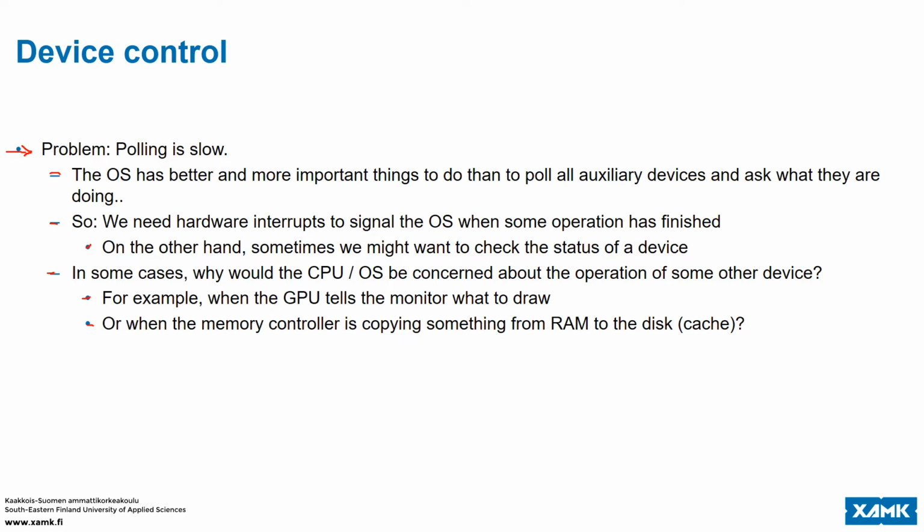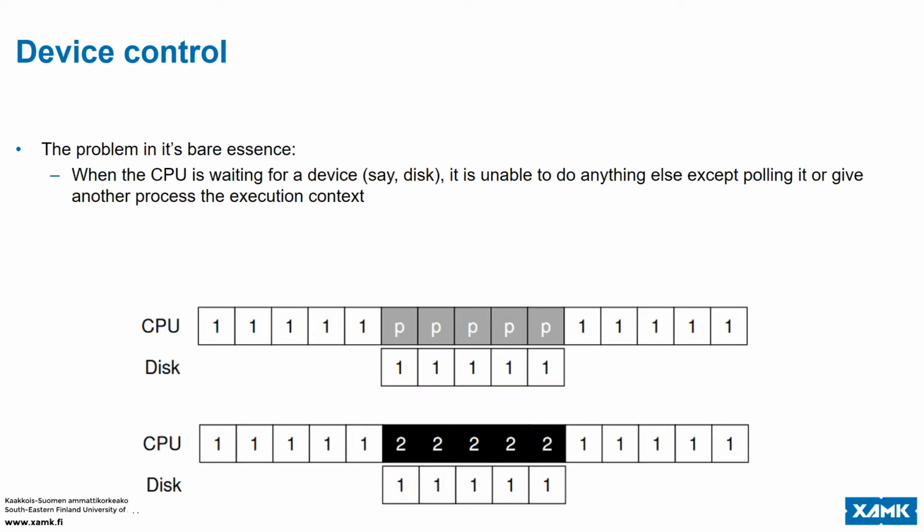So for example, in these situations, it is beneficial for the operating system to actually know what devices are doing before issuing new commands. The problem of polling in its bare essence is the following. When the CPU is waiting for a device, say a disk, it's unable to do anything else except polling or to give another process the execution context.